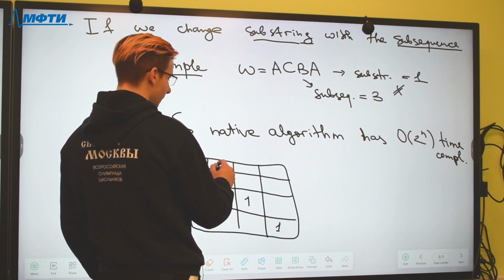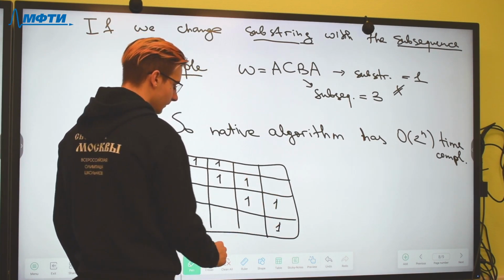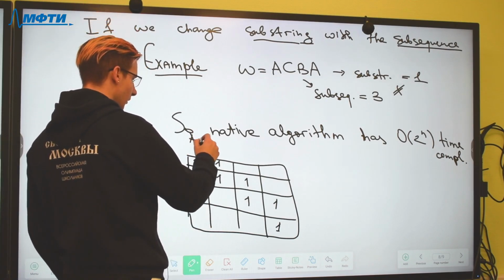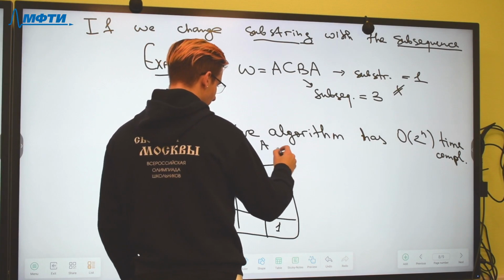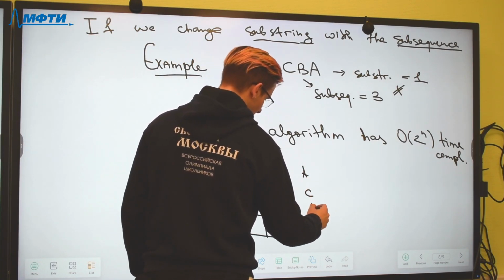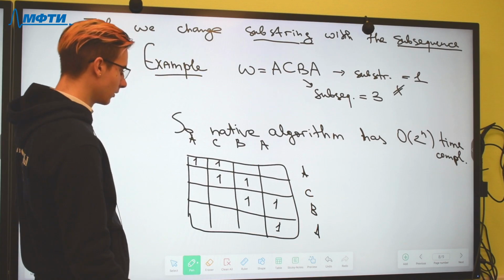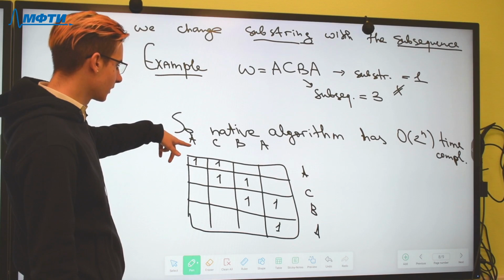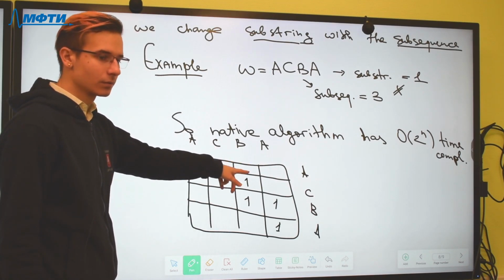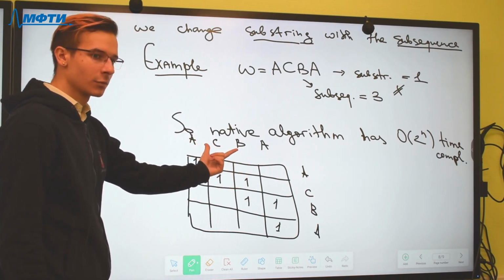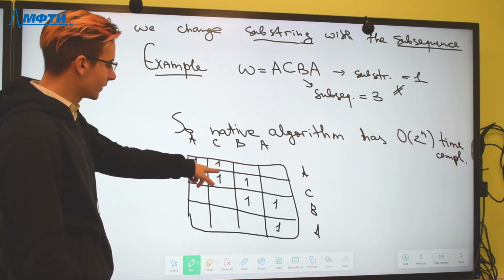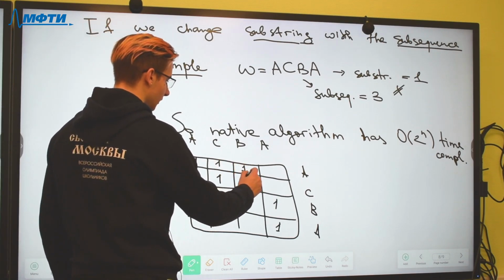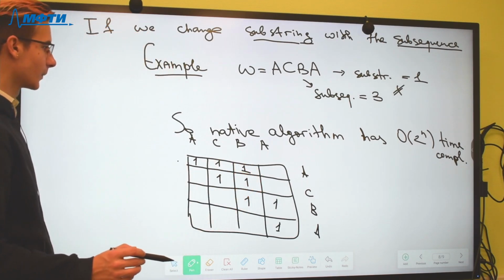Then I compare if I start with A and with B, they are not equal, so I find the maximum of these numbers, and it is equal to 1, 2.